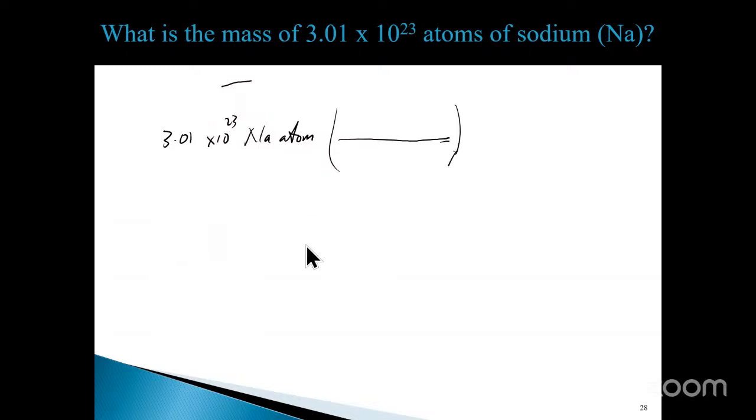They gave you the number of atoms. What would be the conversion factor? Would it be 1 mole of sodium over Avogadro's number? Yes, sir. 6.02 times 10 to the 23 sodium atoms.